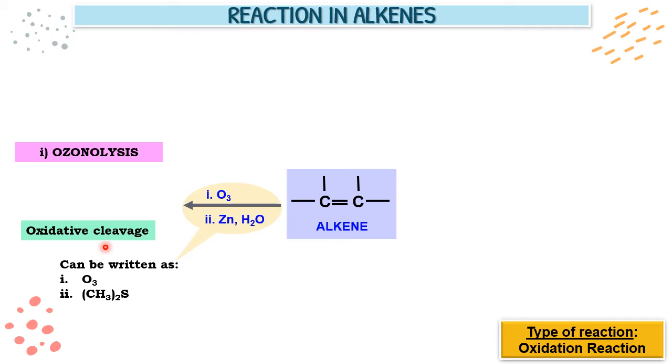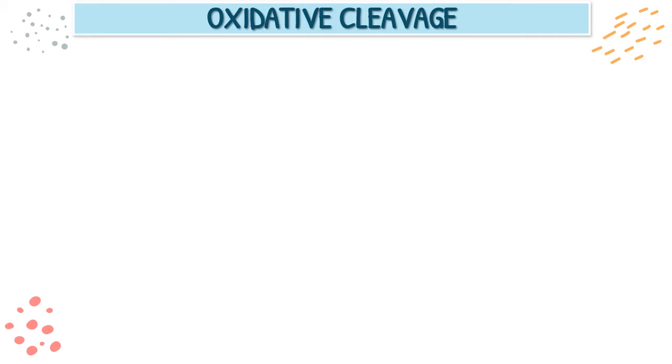Then, for an oxidation reaction, why do we have cleavage over here? Because at the carbon-carbon double bond, what will happen is we're going to break this carbon-carbon double bond, and then we will have two separate molecules. So now, let's look at the product of ozonolysis.